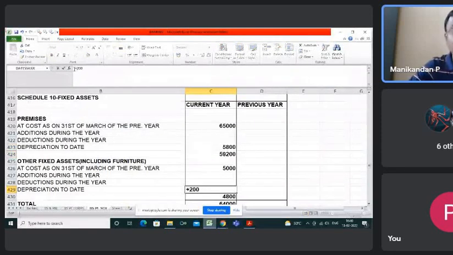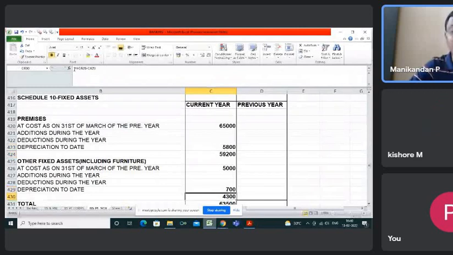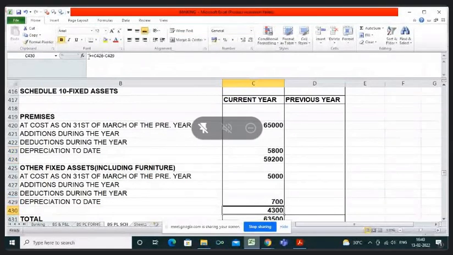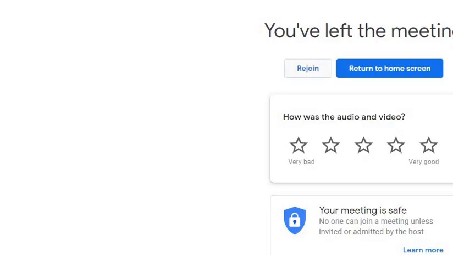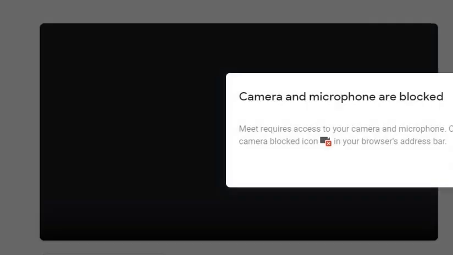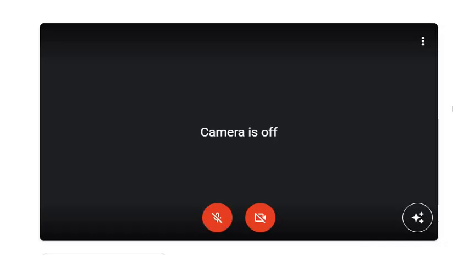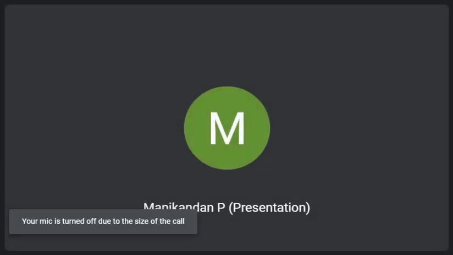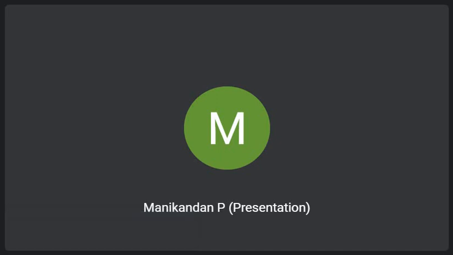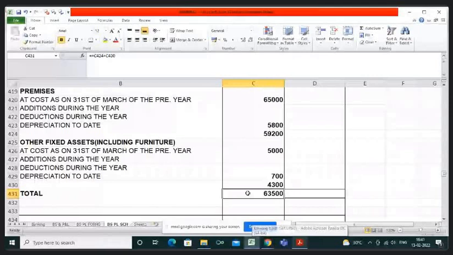So we have to write any additions, deductions and depreciation to date. Now we have to see if there are any linked items. There are linked items. We already have the opening balance, and further, as part of the additional information, they have asked us to provide depreciation for the year.